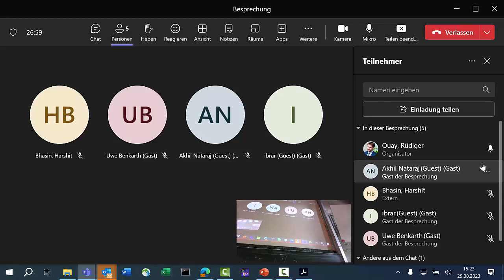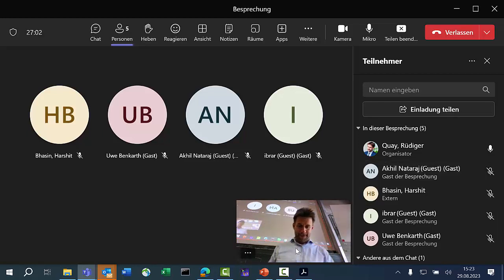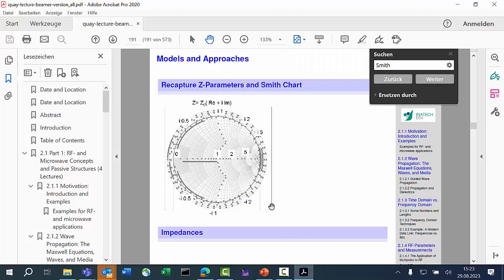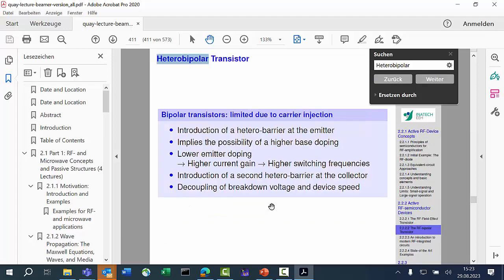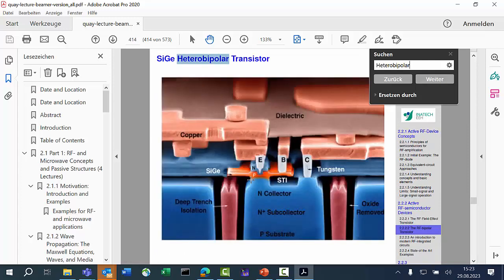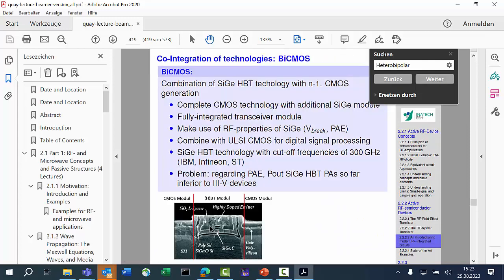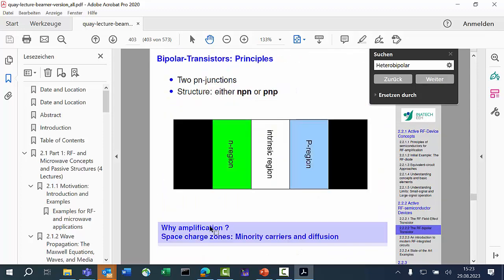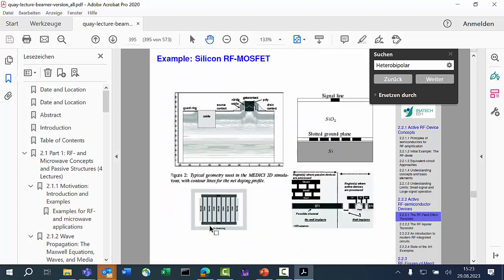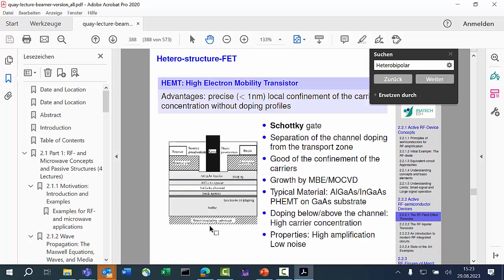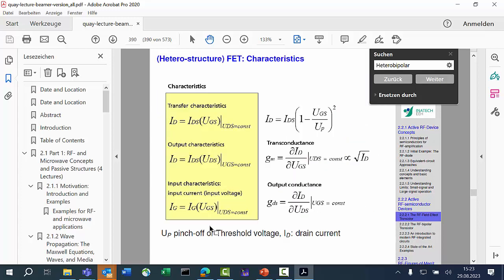The bipolar transistor, yeah, sure. The hetero-bipolar transistor, the founding of the... which one is that?